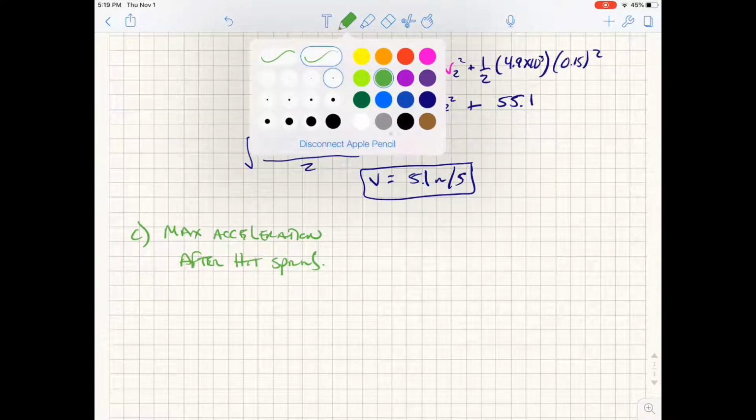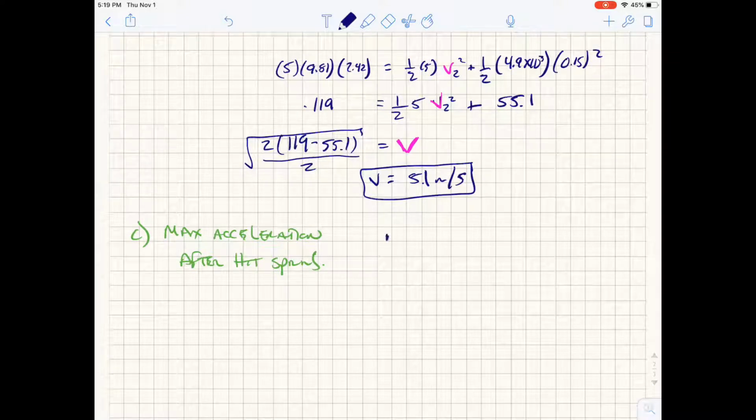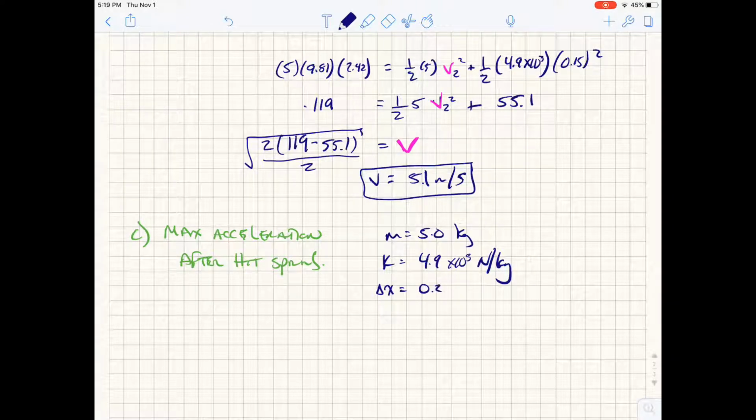Let's remind ourselves of our values first of all. So let's list up: mass is 5.0 kilograms. Our K value, 4.9 times 10 to the 3 newtons per meter. We're going to go with the maximum extension here, 0.22 meters.